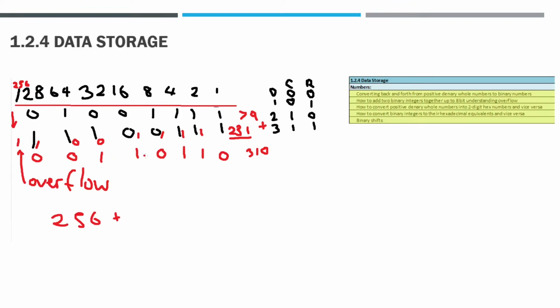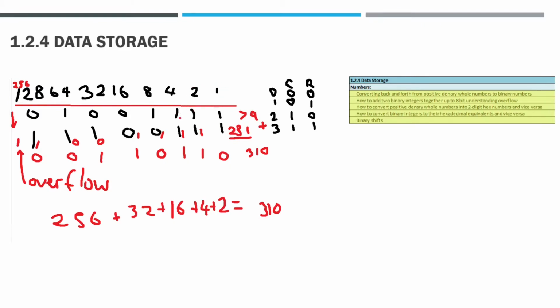Plus 32, plus 16, plus 4, plus 2, plus 32, plus 16, plus 4, plus 2, equals 256 plus 32 is 288, 298, 304, 308, and 310. There we go. So I checked it. So that's how you do binary addition.